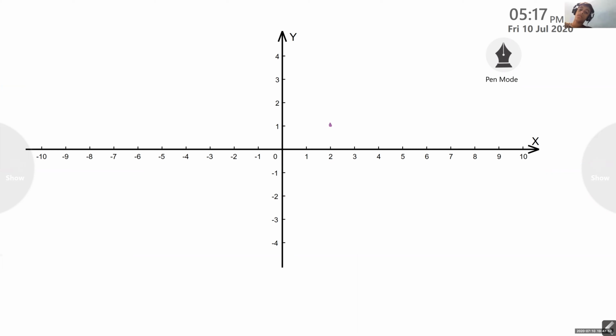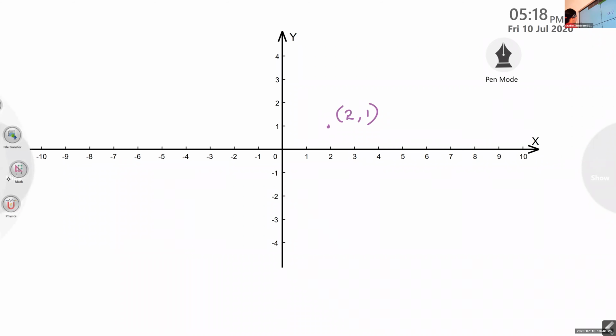Watch carefully what I am writing. So what are the coordinates of this point? Surya, what are the coordinates of this point? 2, 1. Okay, this point is 2, 1.